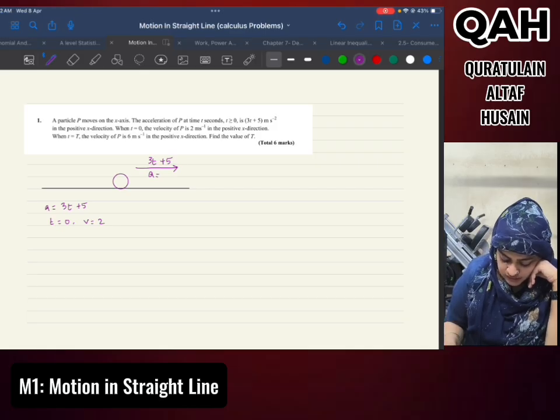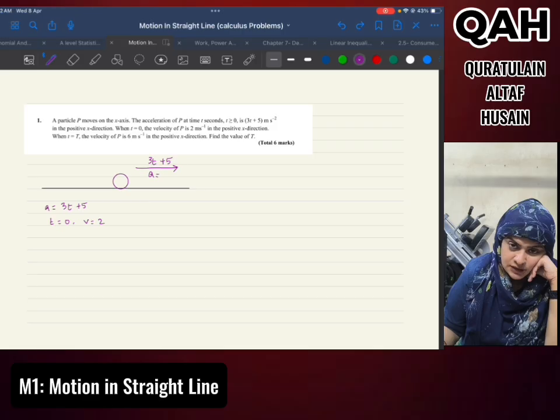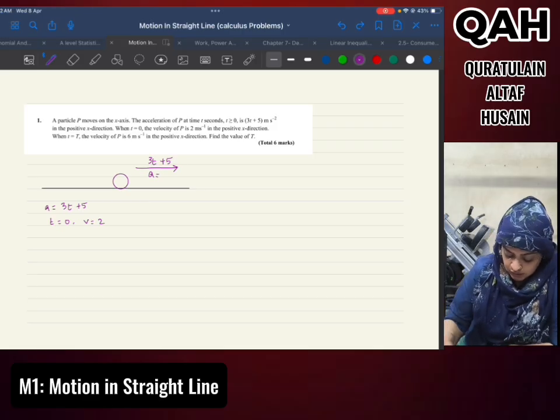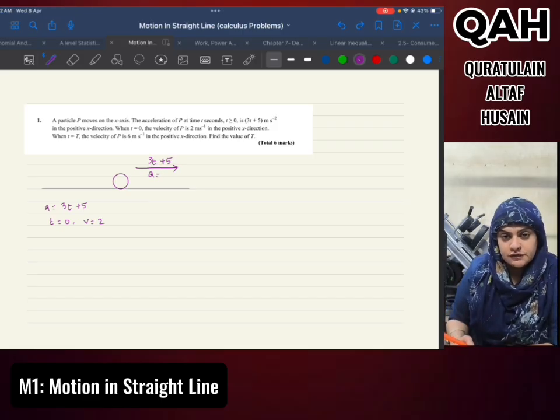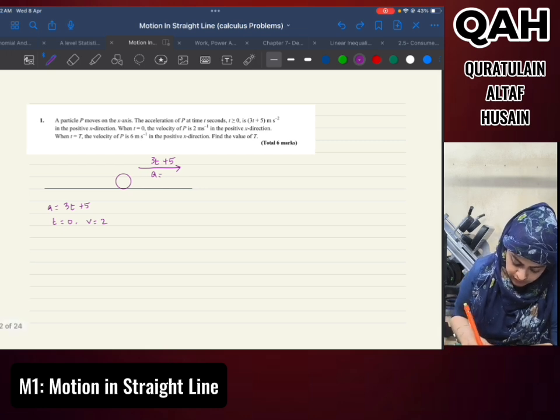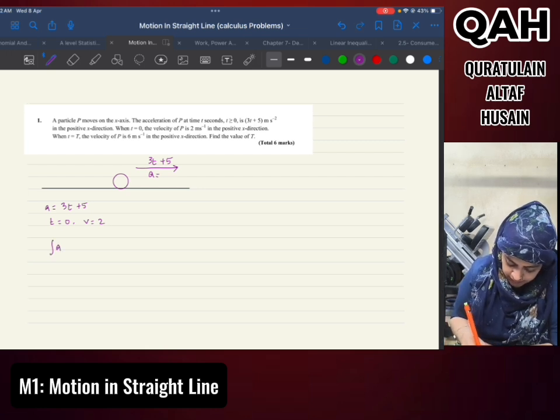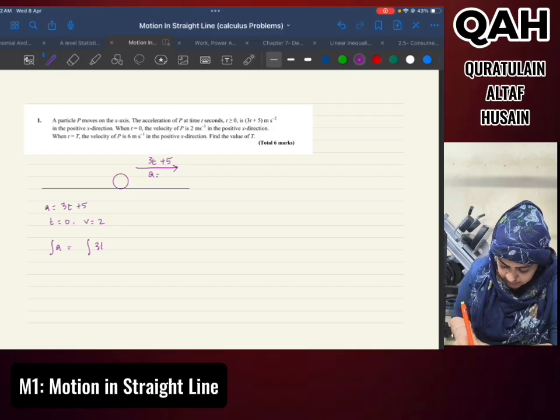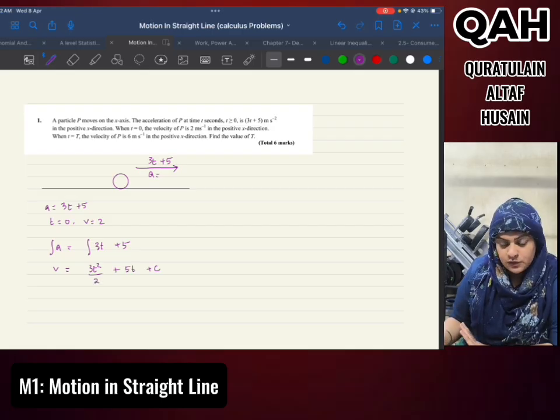So here velocity is given to us, but we don't have any equation for velocity. So let's find out velocity. When we want to go to velocity from acceleration, we are going to integrate. So we integrate acceleration, and this becomes v is equal to 3t squared upon 2 plus 5t plus c, constant of integration.